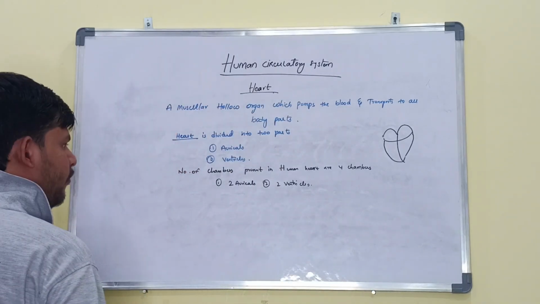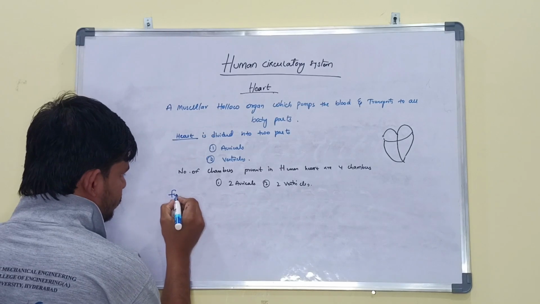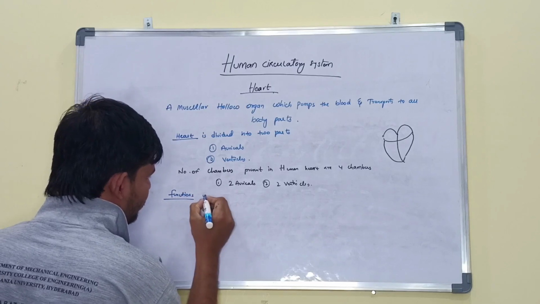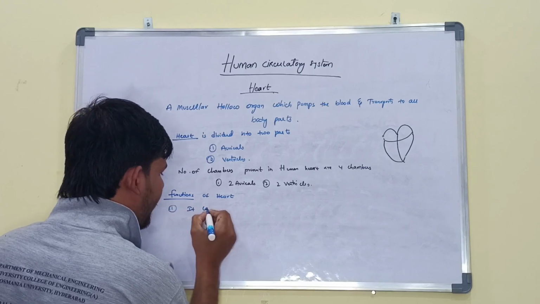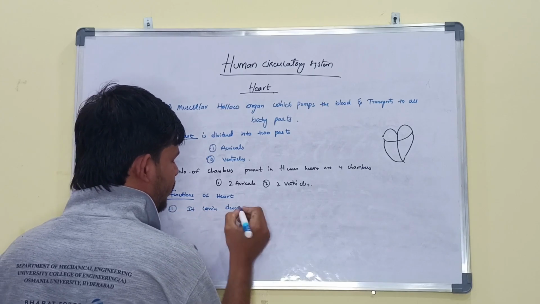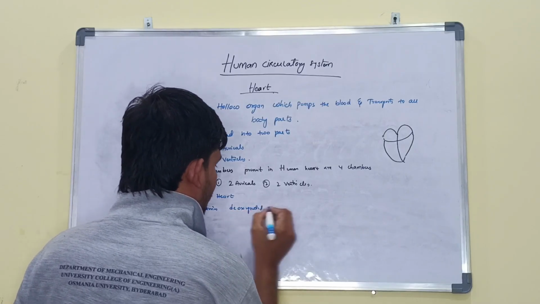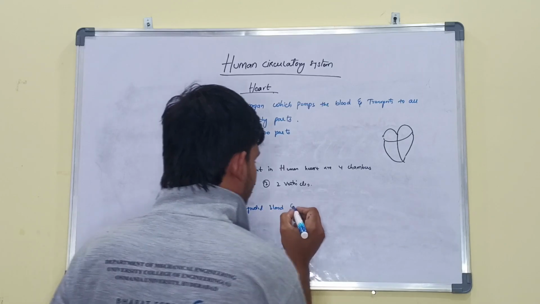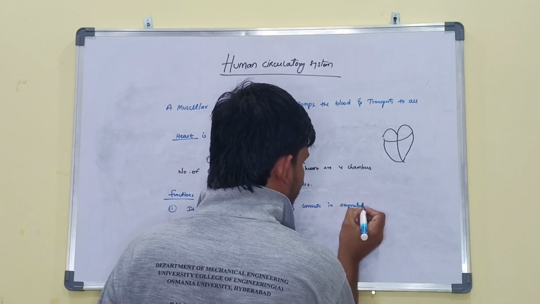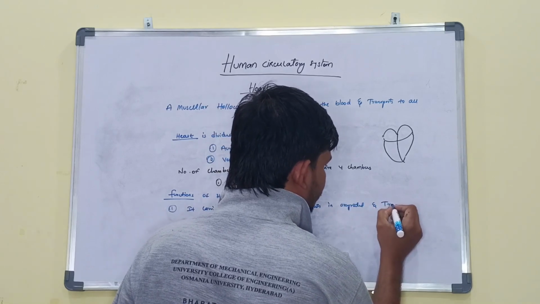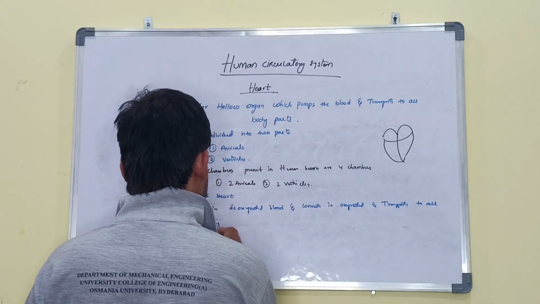Now we will be discussing the functions of heart. First one, it carries deoxygenated blood and converts it into oxygenated blood and transports it to all body parts.